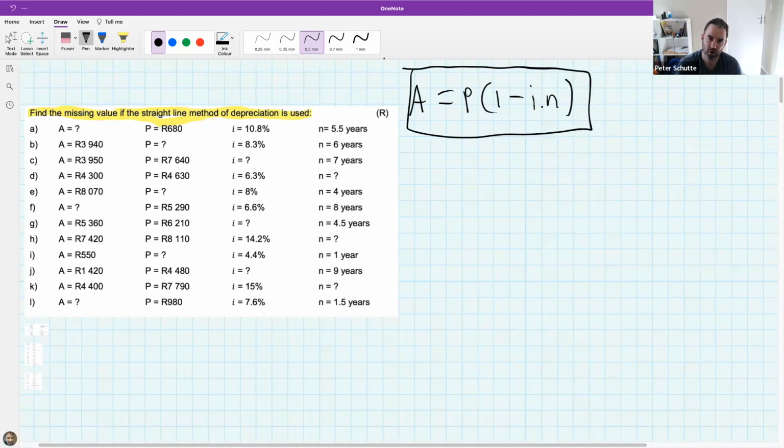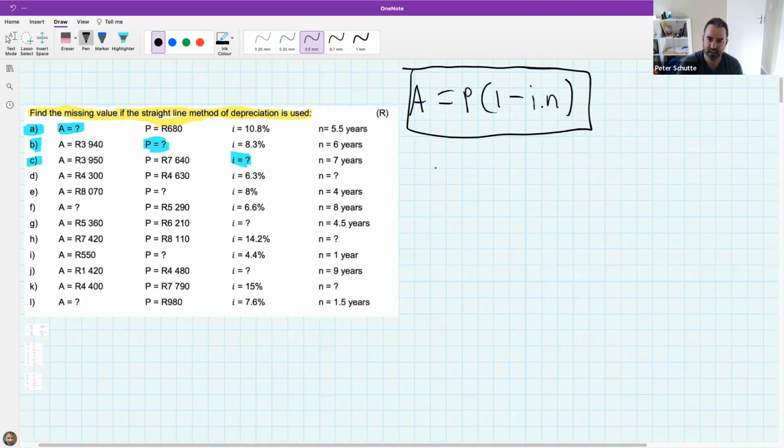What I want to start with doing is I'm going to choose some questions for you to do. The first one you're going to do for me is A, and then you're going to do one for B, and then you're going to do C. Just to point out, in A, you are trying to find A, in B, you are trying to find P, and in C, you are trying to find i.